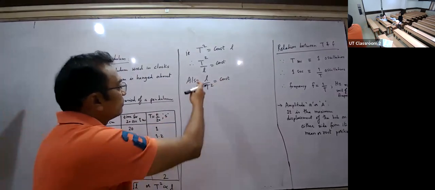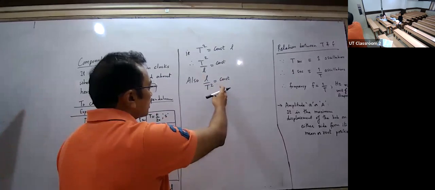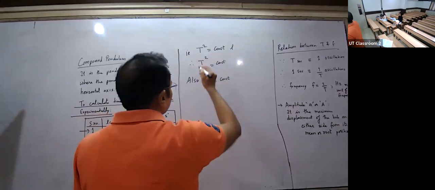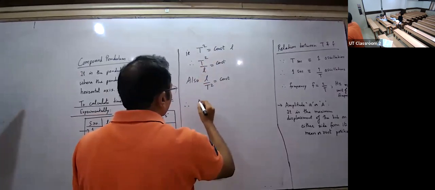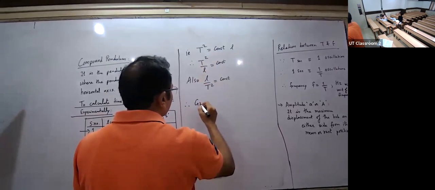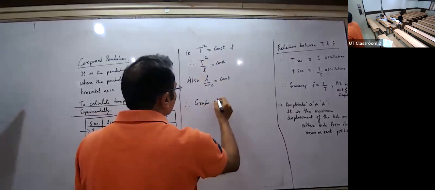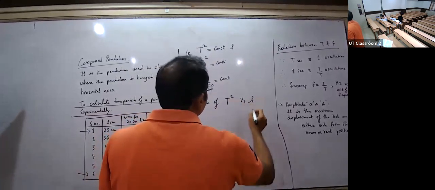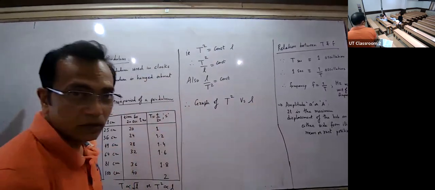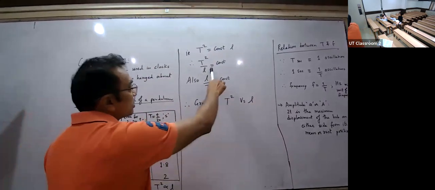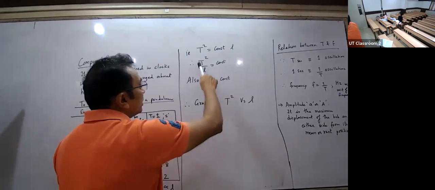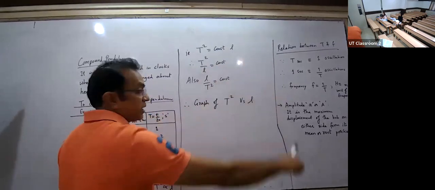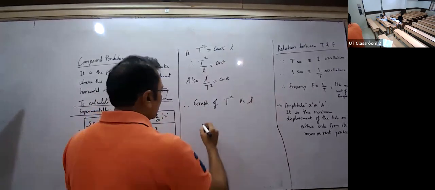So whenever you have something versus something as constant, when you plot a graph, what is the graph? Graph of T square versus L must be a straight line. Whenever you have a constant relation between any two physical quantities, you must get a straight line graph, right?